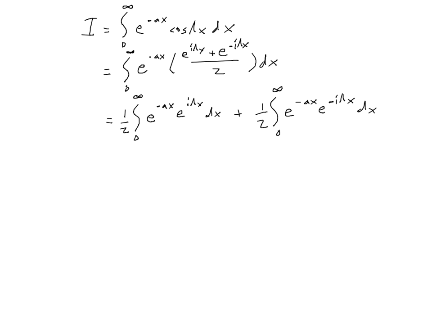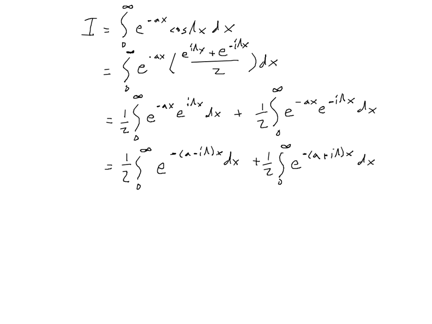and then you can combine the terms and the exponentials again. So the first integral is going to be e to the, I'm going to keep it consistent, so I'm going to say minus a minus I lambda x. And the second one is going to be e to the minus a plus I lambda x dx.